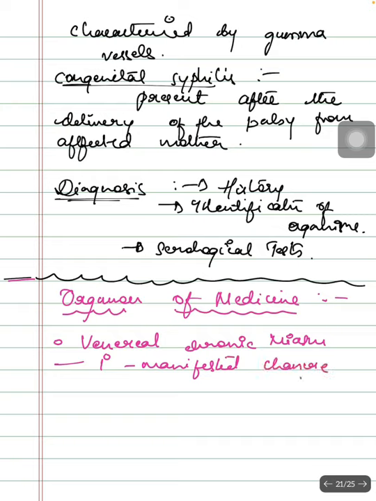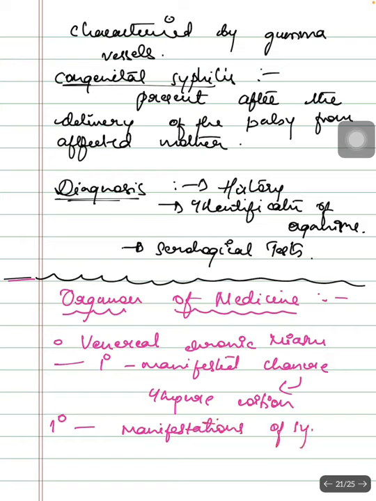It is a venereal chronic miasm manifested outwardly by the venereal chancre, primarily manifested after an impure coition. The primary manifestation of syphilis is the venereal chancre developed after an impure coition.